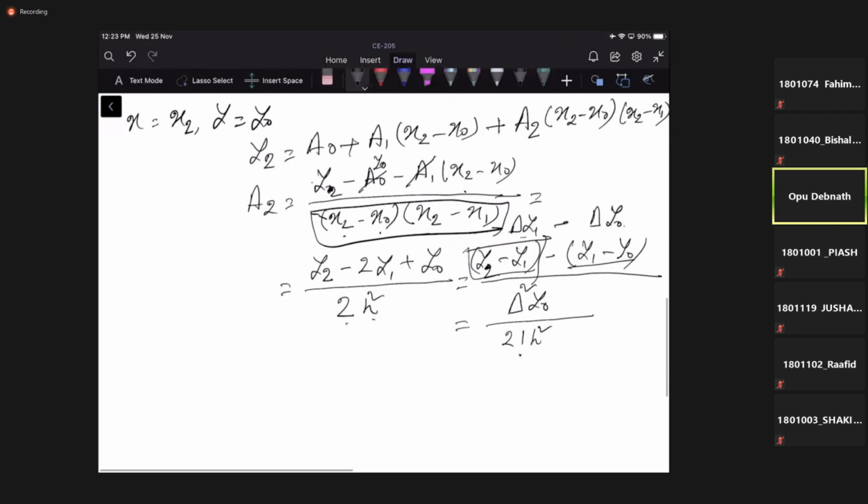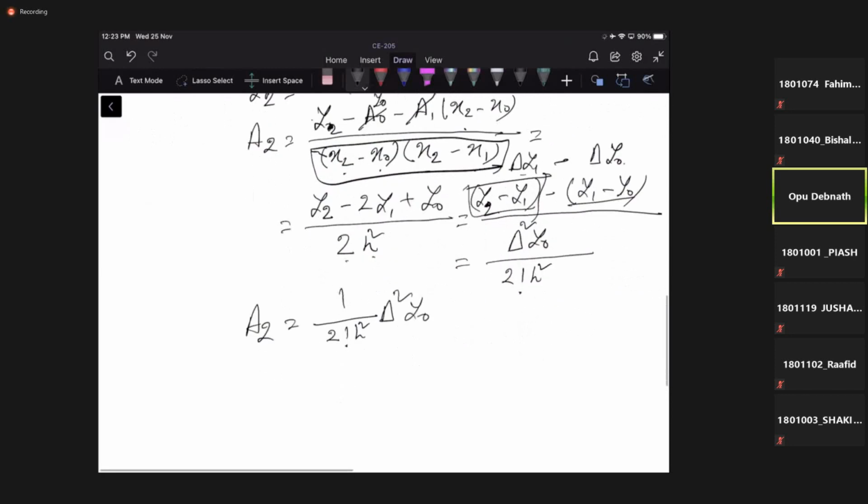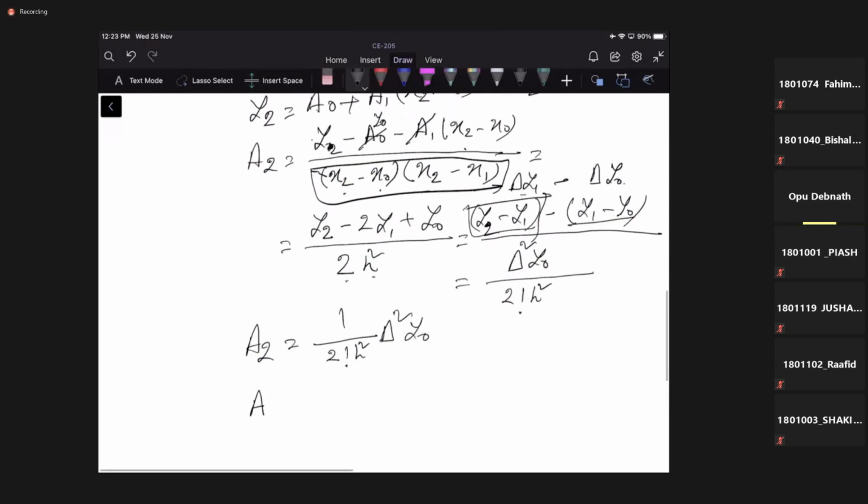So this is the value of a2. a2 is equal to 1 by 2 factorial h square del square y0. Factorials we made actually for simplification. 2 factorial means 1 into 2. Yes, you can easily write it.